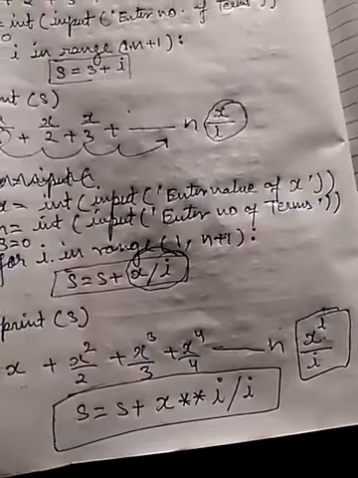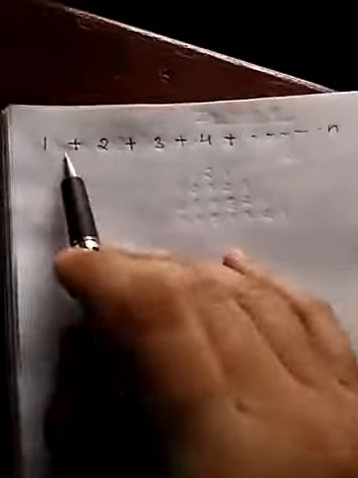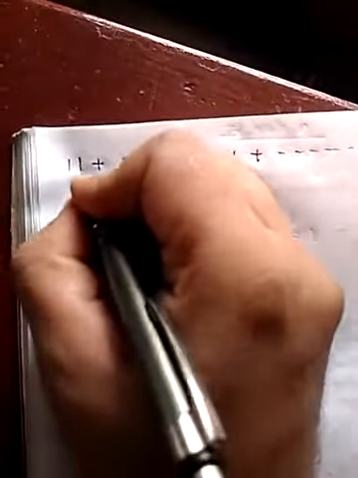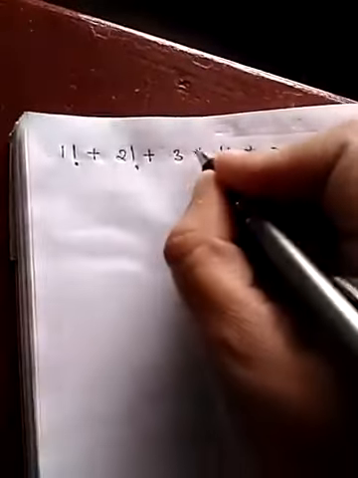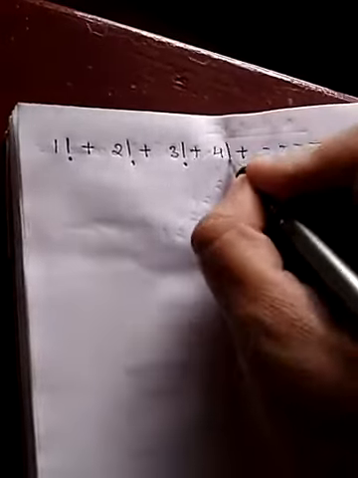Now let us modify this question to more complex form. That was the basic form, 1 plus 2 plus 3 plus 4. Suppose I am putting the sign of factorial over here. Now in this question we have to add the factorial of the term, and that term starts from 1 to n.